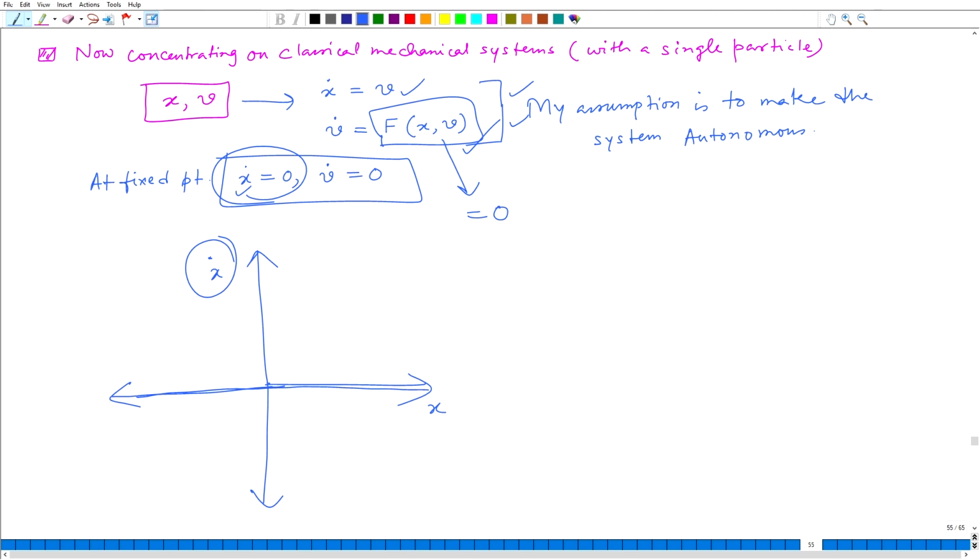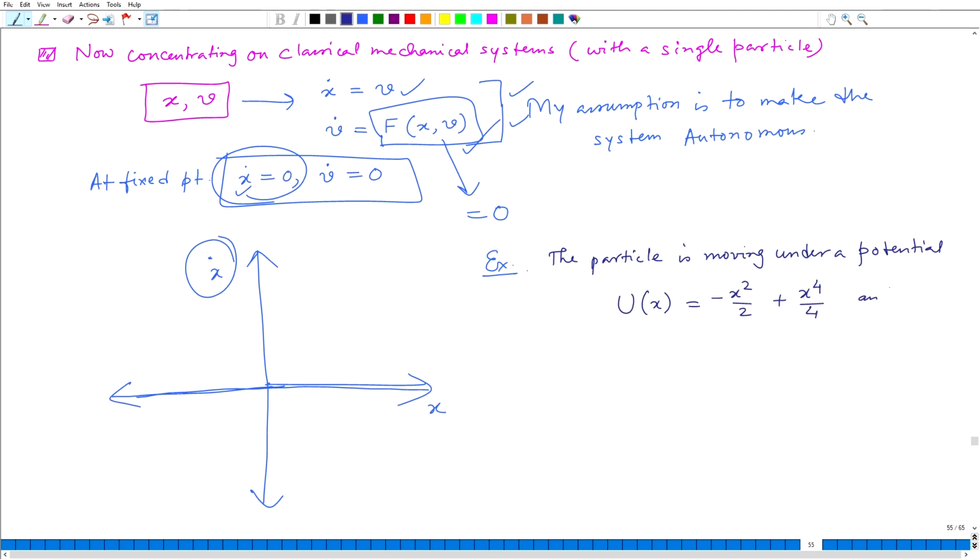Take the motion of a single particle moving under a potential U of x equal to minus x square by 2 plus x to the 4 by 4.